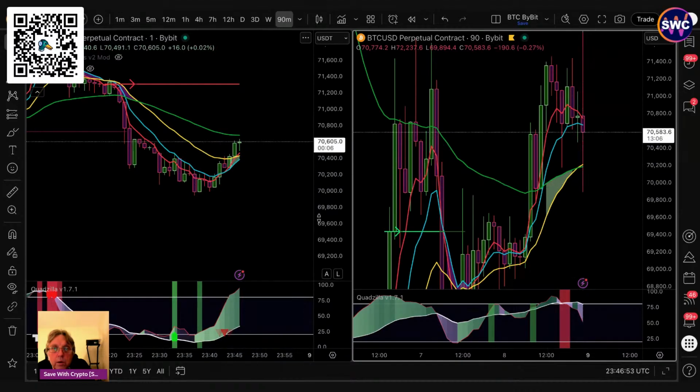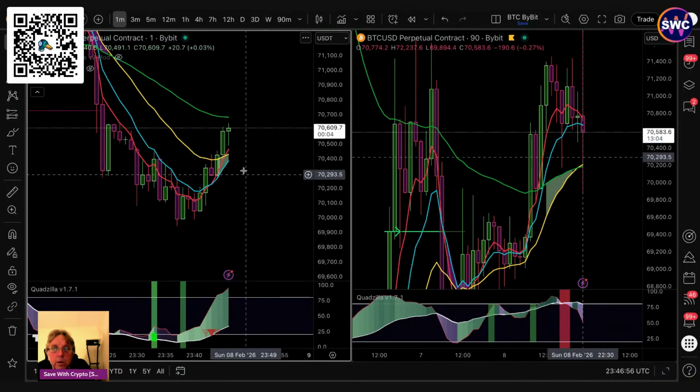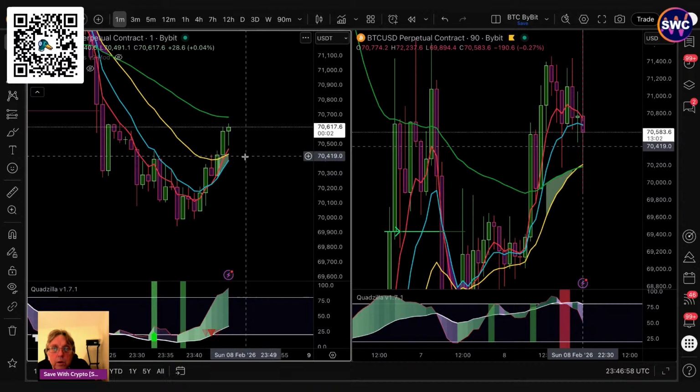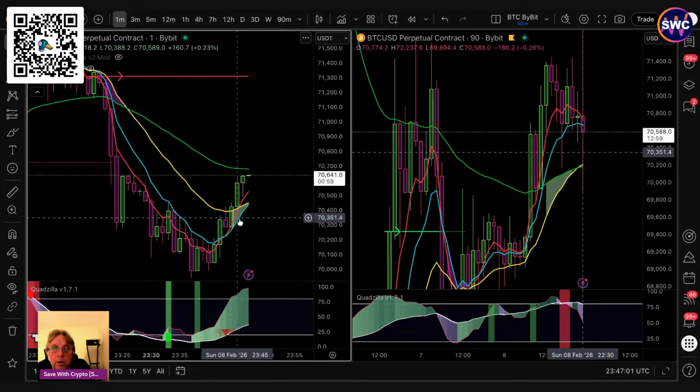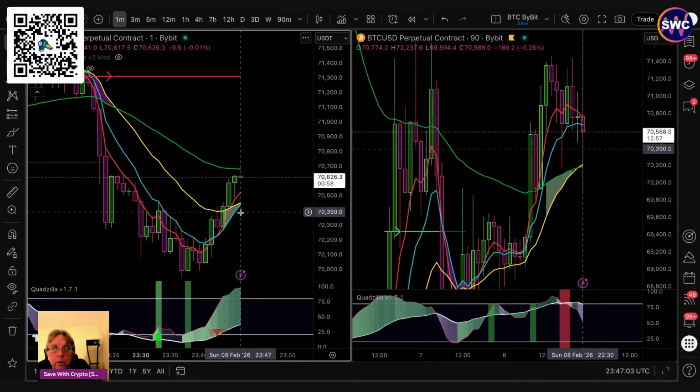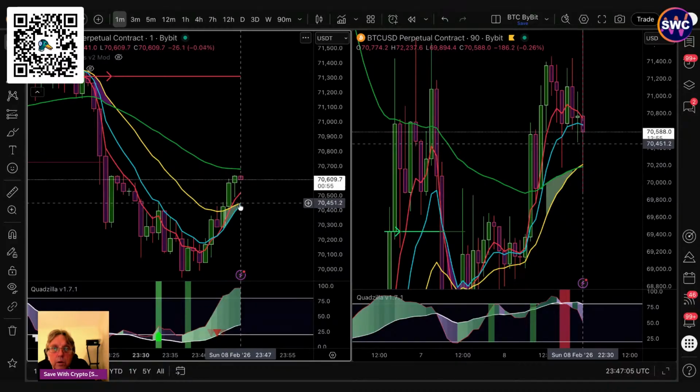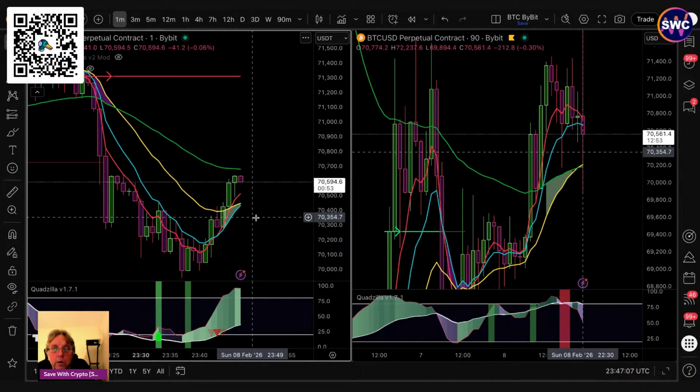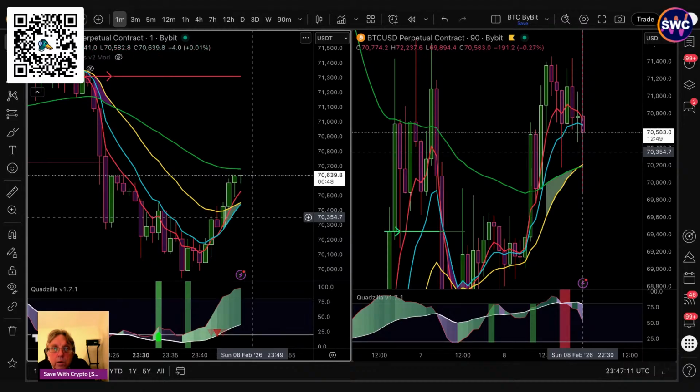So the first sign is going to be this cyan crossing over the yellow there. There we go. There's a cyan just about to cross the yellow. I'll probably do that on the next minute candle.